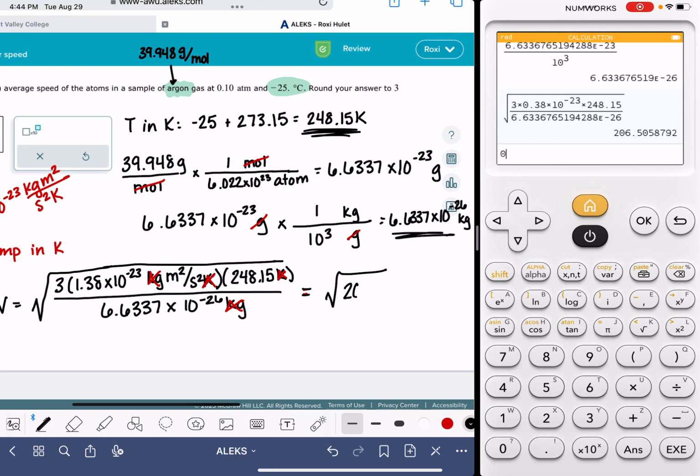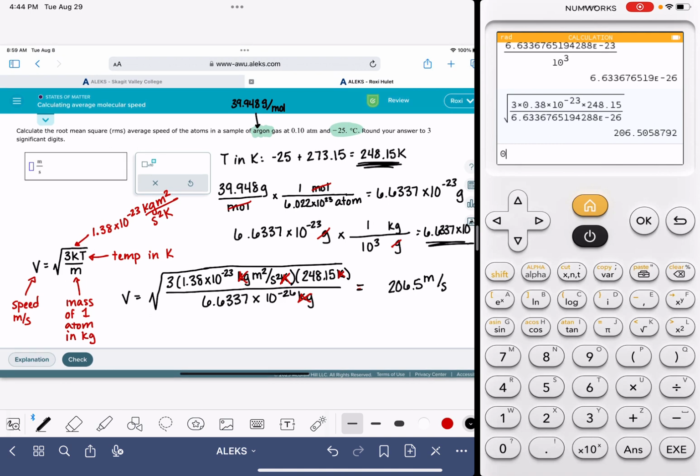That gives me the square root of 206.5 meters squared per second squared, and I forgot that I put the square root function in there. So that is 206.5 meters per second. That's pretty quick. ALEKS wants this to 3 significant figures, so that's going to be 207 meters per second, and that's a pretty reasonable answer for this particular problem.